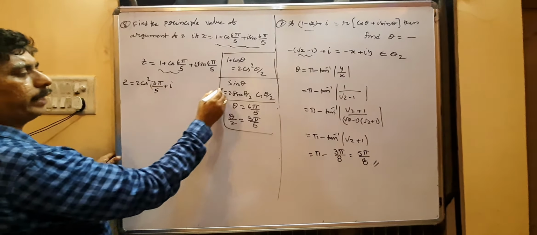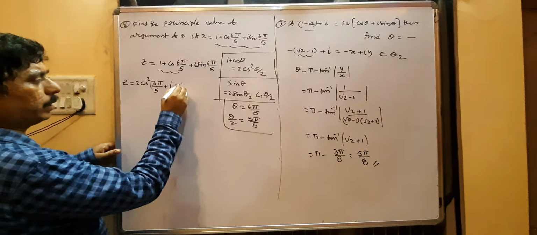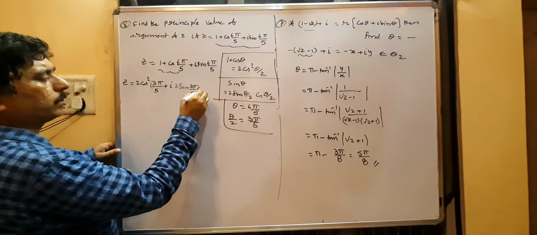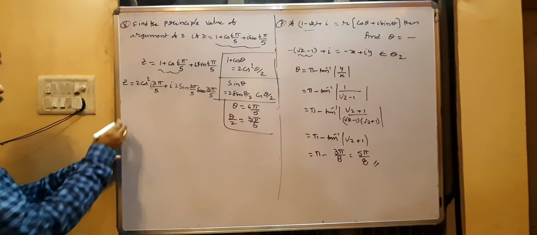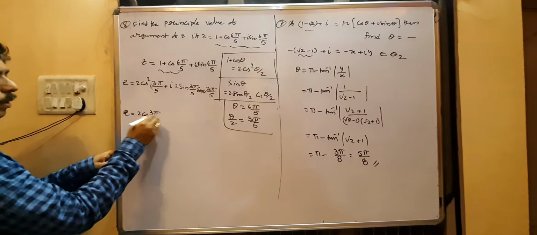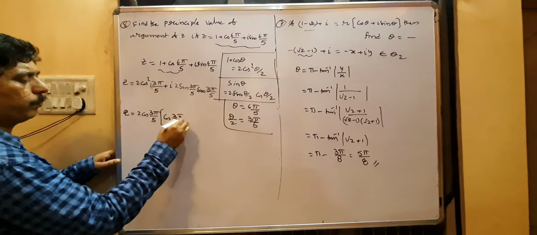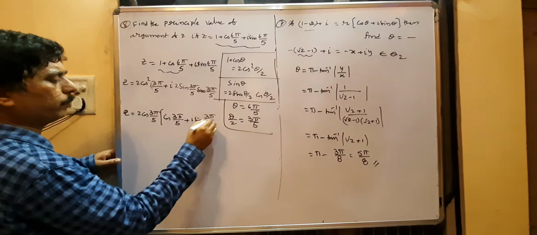Plus i into, what is the sin theta formula? 2 sin theta by 2 cos theta by 2, that is 2 sin 3 pi by 5 cos 3 pi by 5. What is common from both? Z equal to 2 cos 3 pi by 5 common. Remaining we get cos 3 pi by 5 plus i sin 3 pi by 5.